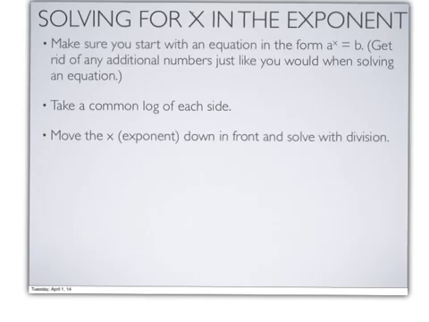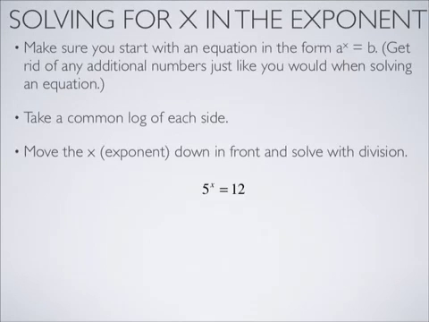In fact, I pulled this example right off your change of base property note. Remember yesterday we had this, 5 to the x equals 12. And we took log on each side. And then what did we do with this x right here? We slid it down in front, right? So we made an x log 5.